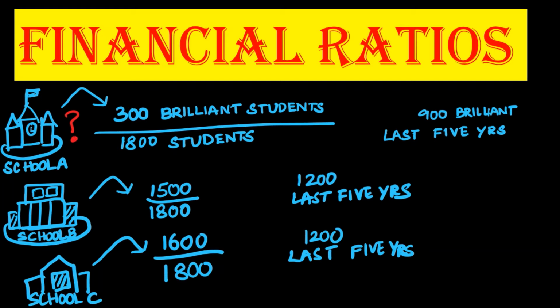Now, does the performance of school A look impressive? Not really. When we put forward a ratio, we get a sense of the school and its performance not as an absolute value but relative to its own other parameters, its own past, or its peers, which is a great thing.